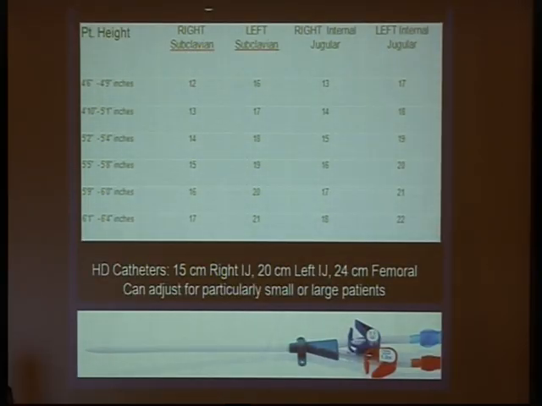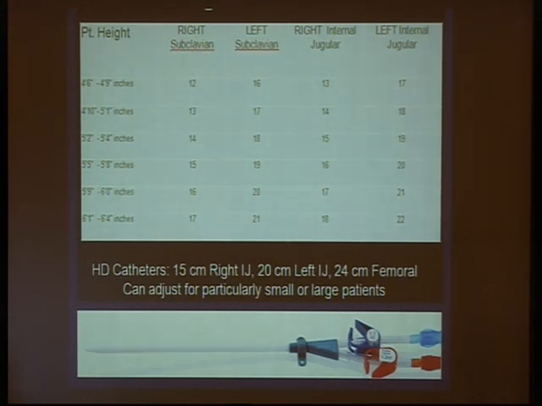And this is the regular or normal shape of a double lumen temporary catheter. And we have two pieces of information. The first is the length of the catheter, usually calculated from this point to the tip of the catheter.